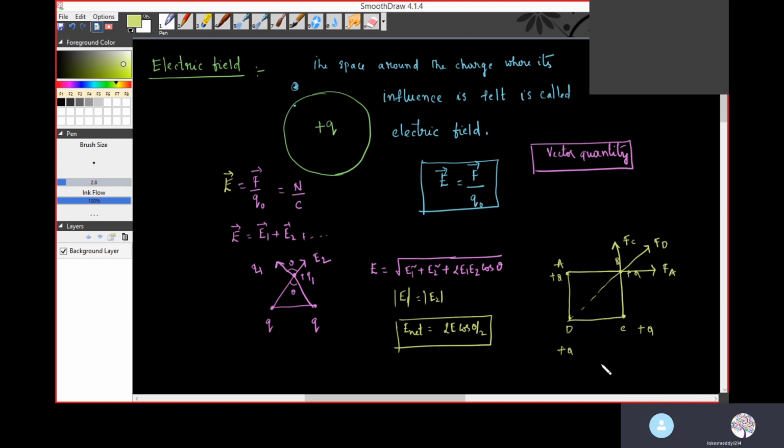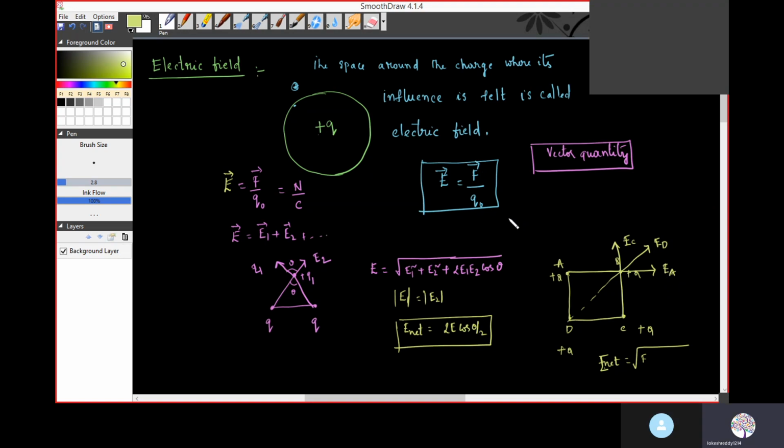The net force is root of... actually, we are writing E, because this is the electric field. E net is equal to EC, ED, EA.